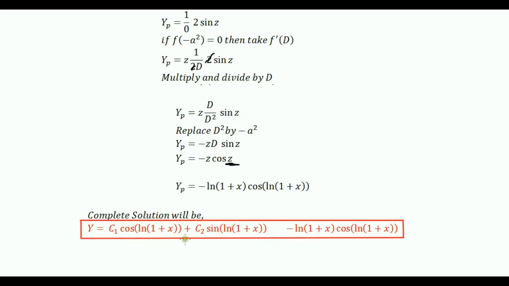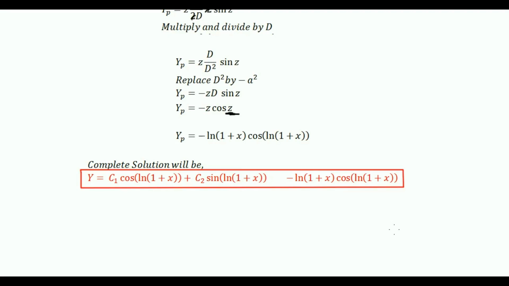So I'll simply put the values of yc and yp. y equals c1 cos(ln(1 plus x)) plus c2 sin(ln(1 plus x)) minus ln(1 plus x) cos(ln(1 plus x)). Thank you for listening.